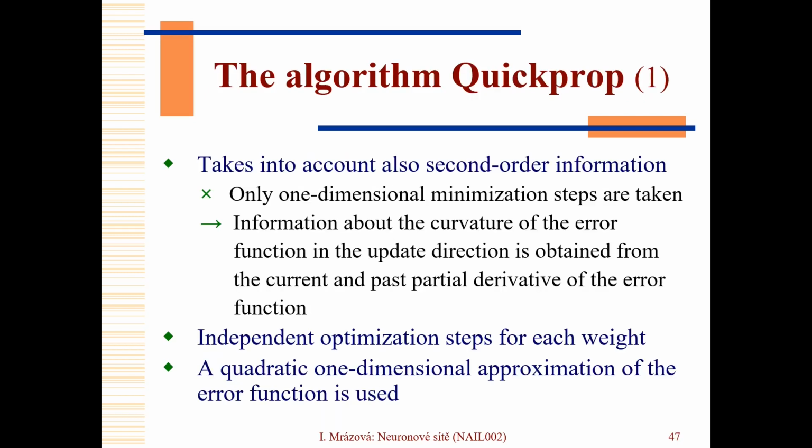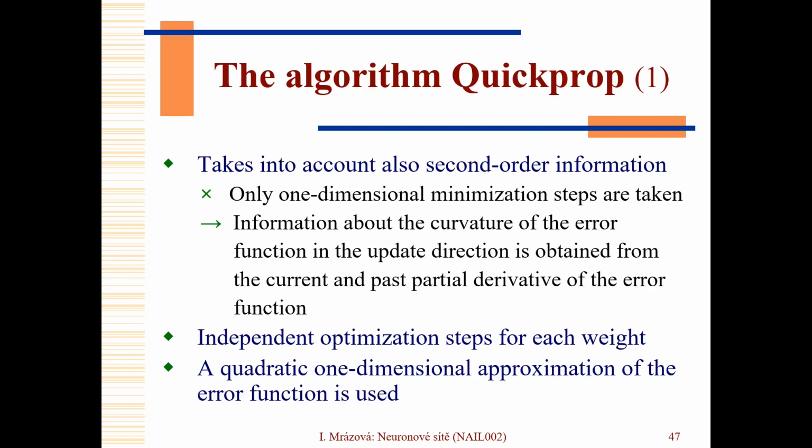The Quickprop algorithm goes with the simplification of the original Newton's methods even beyond the pseudo-Newton methods. It takes into account also the second order information about the shape of the error function, but just one-dimensional minimization steps are taken.